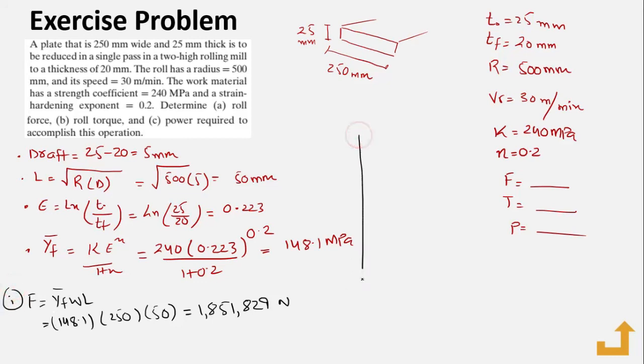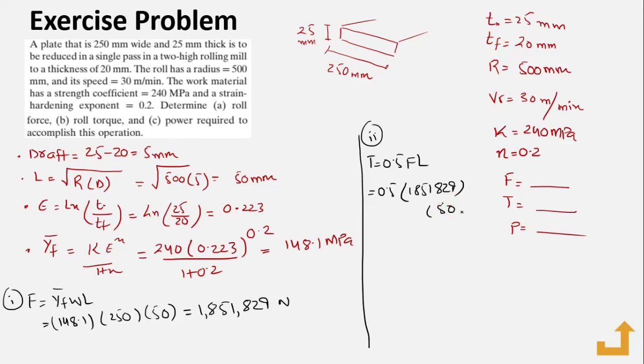The second one, it says calculate the torque, that is equals to 0.5 into F L. So we have 0.5 into 1851829 into the contact length, that is 50 millimeters.